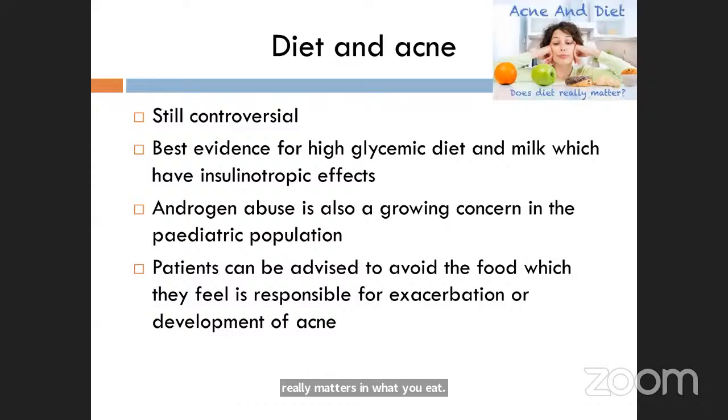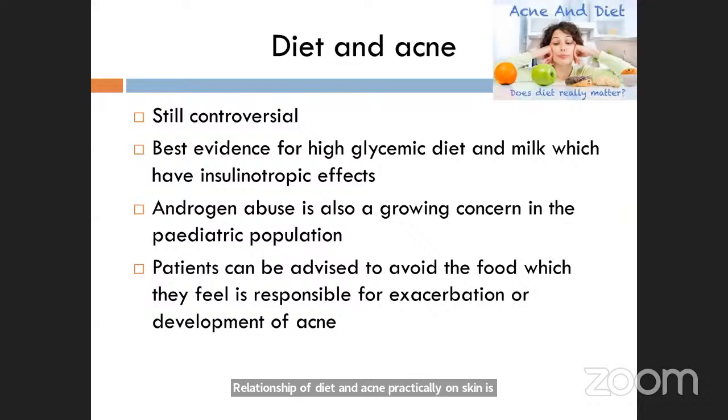So there is some evidence for consumption of high glycemic diet and milk, and there is a concern about androgen abuse, especially in children who are going to gym and consuming androgen containing drugs and products.